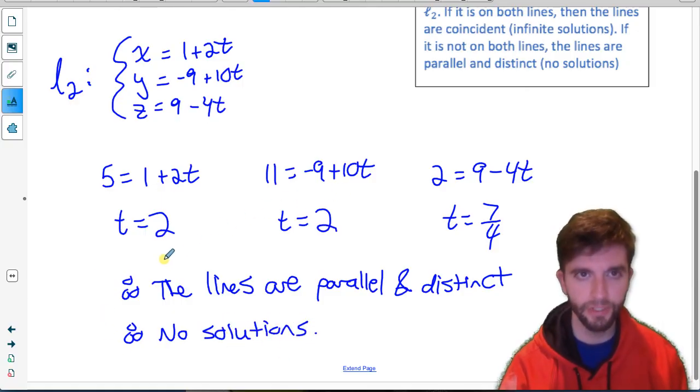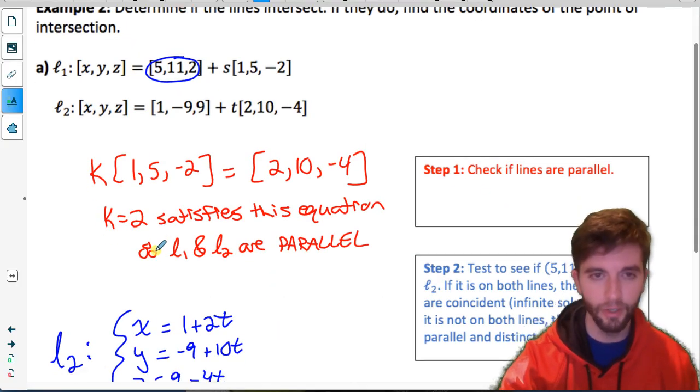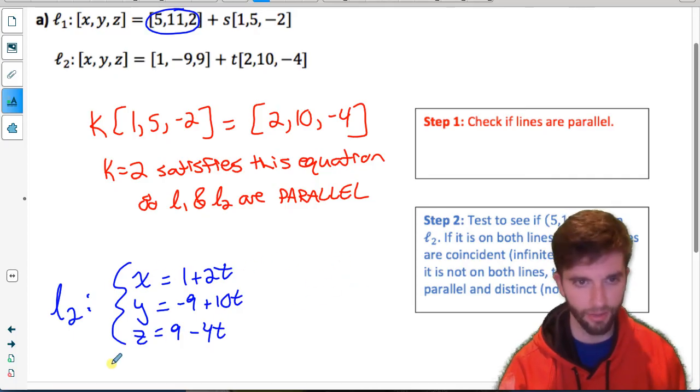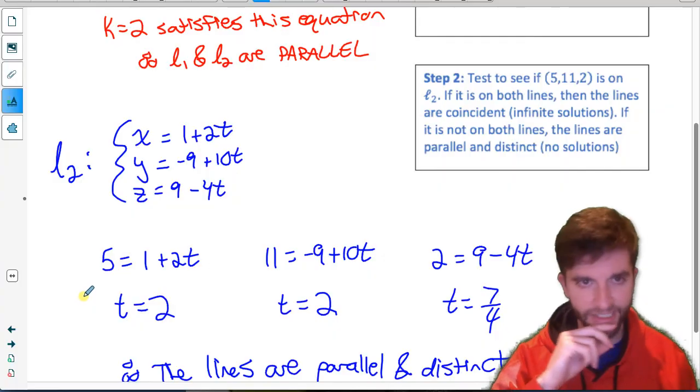Now, I should mention we could have also just tried to solve this algebraically. We could have written the parametric equations of line 1 and then equated the x's, the y's, and the z's, got 3 equations, tried to solve for s and t.